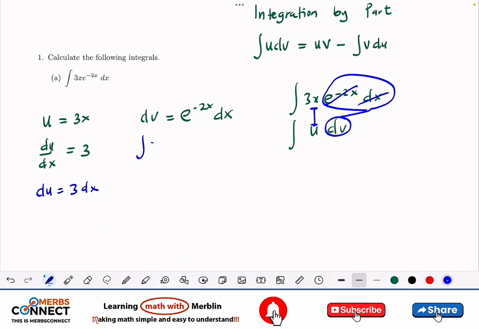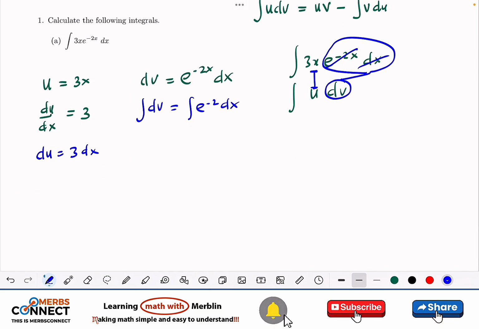So what can we do? We can integrate both sides, because when you see the dv, it means that the function has been differentiated. Differentiation takes away the integration, so we are going to be left with v, which is equal to the integral of e to the power minus 2x dx.